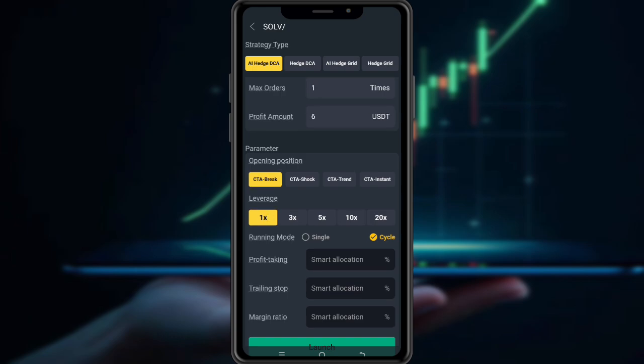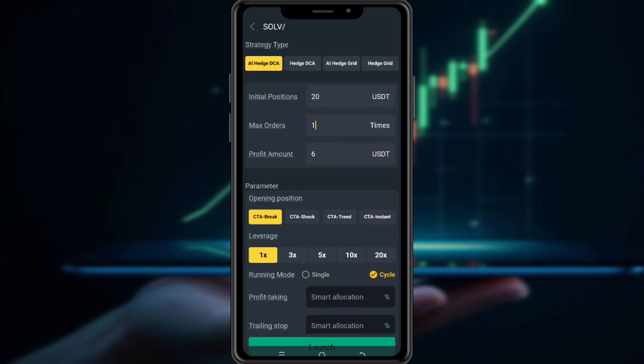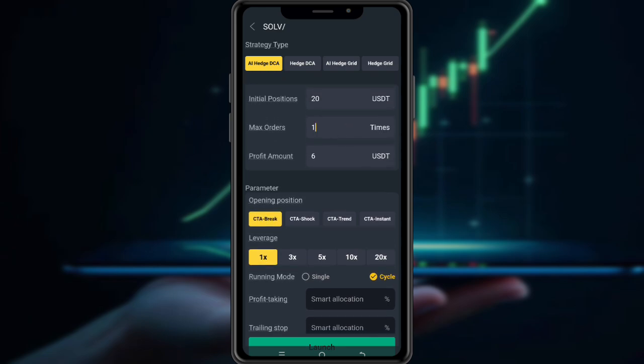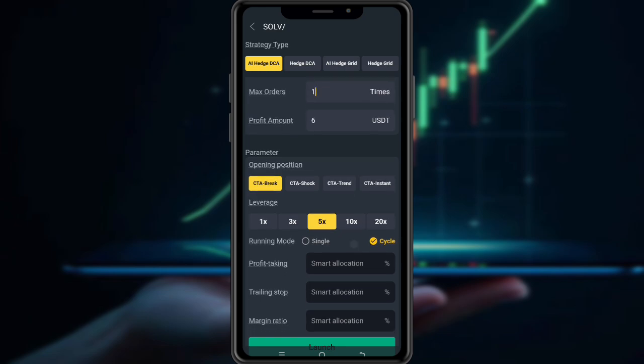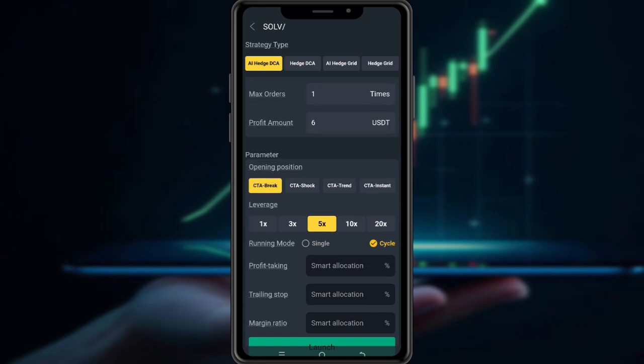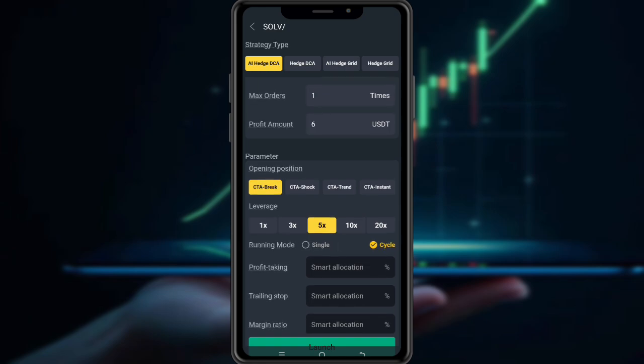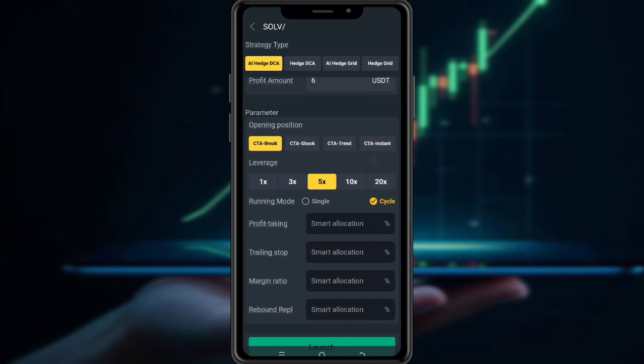Then you trade 2 coins or only 4 coins. Because when you trade in 4 coins, it means each coin is going to take $40. So that is how you're going to trade. Now, if you have small, like 20, 30, 10, you can put from 5 and above. Then the running mode, leave it in cycle or put it in single. When you put it in single, it means when that coin makes a profit and it sells, it is going to close and doesn't buy it again.